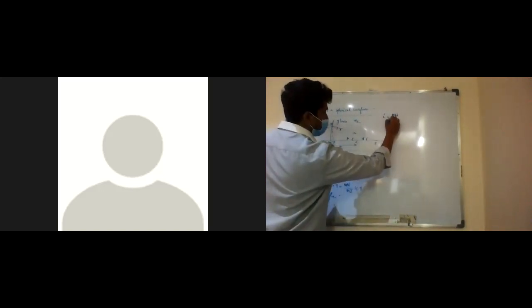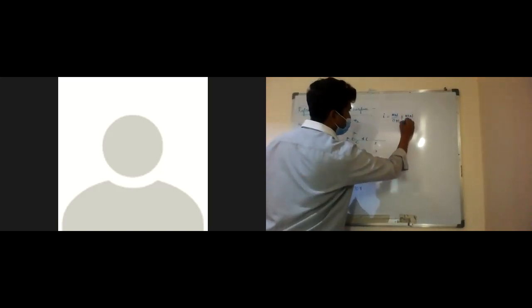So alpha is MN by OM plus beta is MN by MC. This is the value of i. Let this be equation number 1.